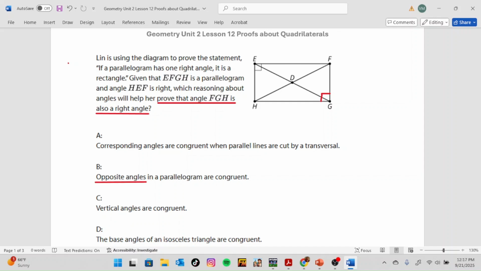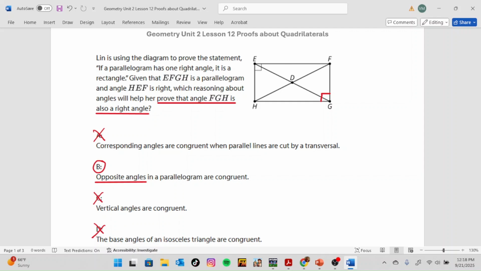So out of these choices, the only one that references opposite angles is choice B. So that means A, C, and D are not the reasonings that would specifically help us prove that angle FGH is also a right angle.